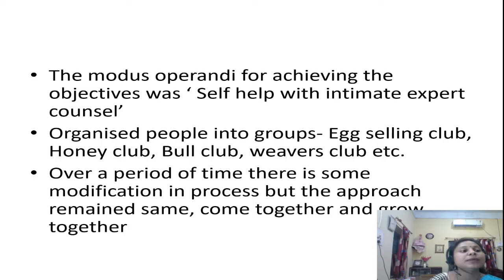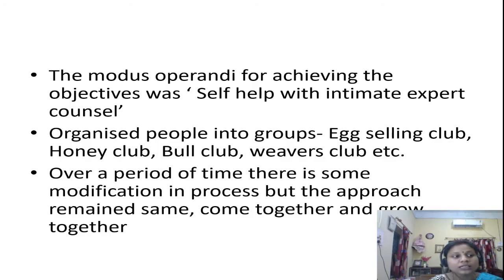These were the major professions practiced by the village communities. The major element introduced in this program, if you look at it, is that it was motivating people to come together. Earlier, the same farmer was selling his eggs, the same farmer was selling his honey individually.